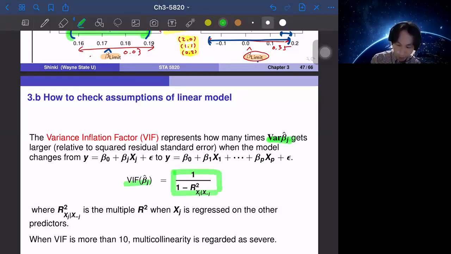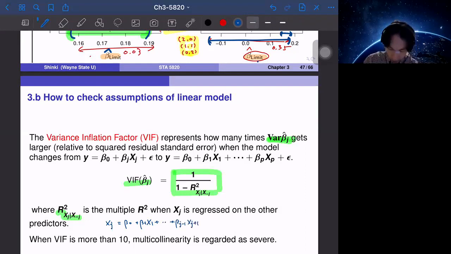Here, in the denominator of the right-hand side, R squared of x_j given x_minus_j is the multiple R squared value when x_j is regressed on the other predictors. So we regress x_j on the other predictors: beta naught plus beta 1 x1 up to beta j minus 1 x j minus 1, and we exclude x_j. Beta may not be the best letter to use.